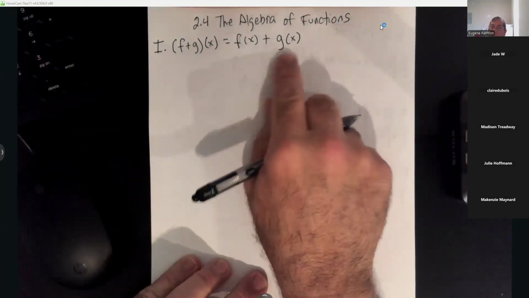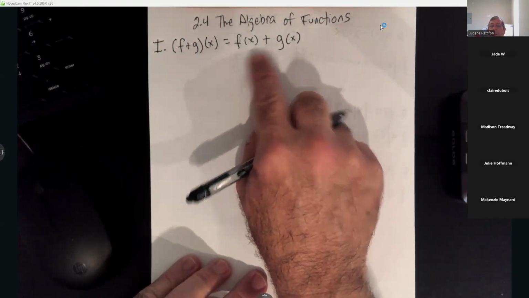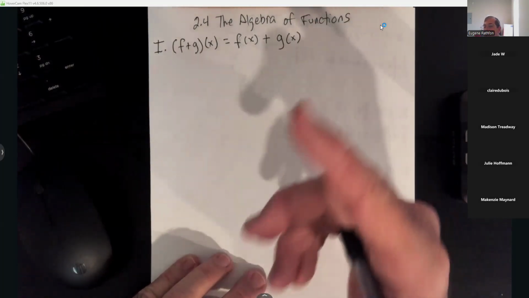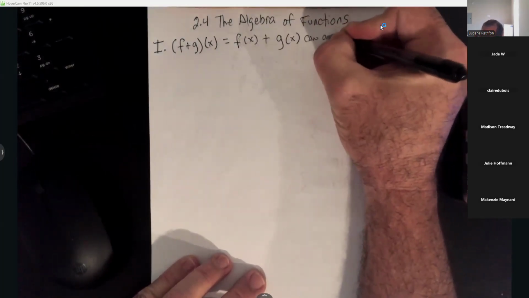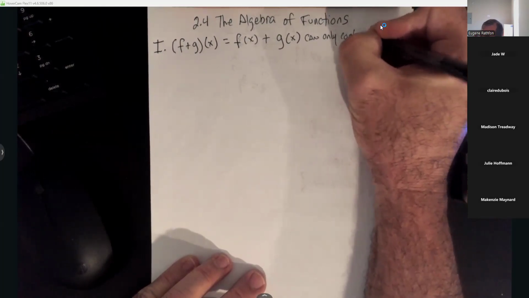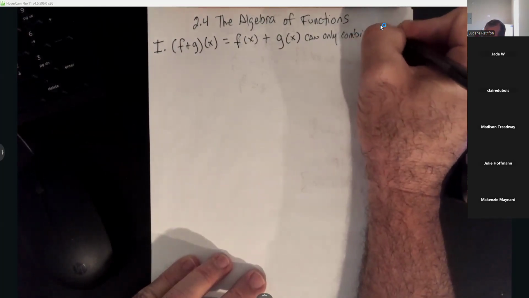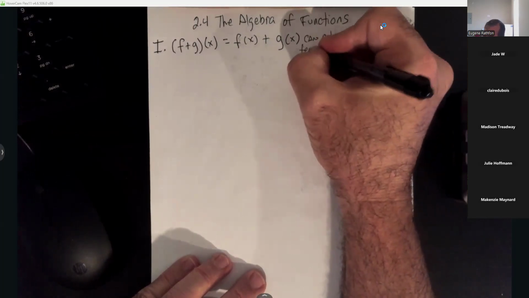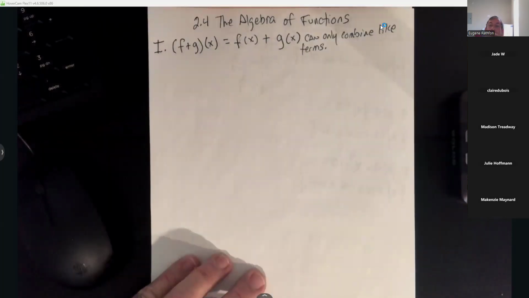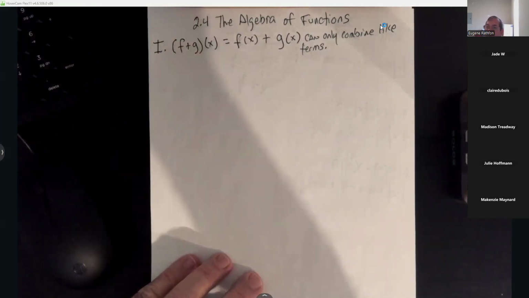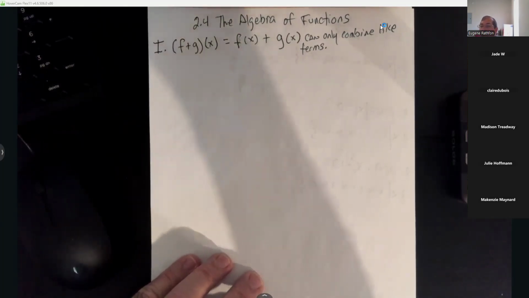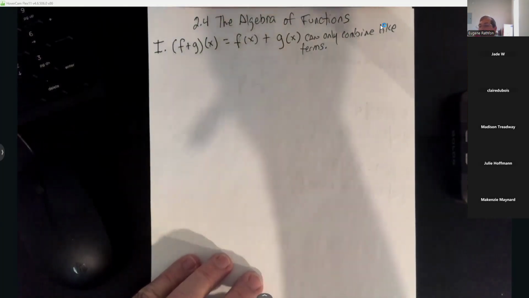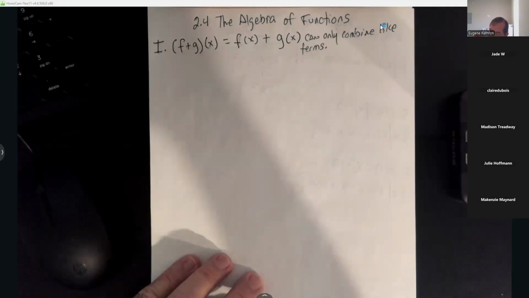Now, the only thing we can do when we're adding two functions is combine like terms. Okay? And those variables got to look exactly alike in order to be added. X squareds can only add to x squareds. X's can only add to x's, and so on, okay?